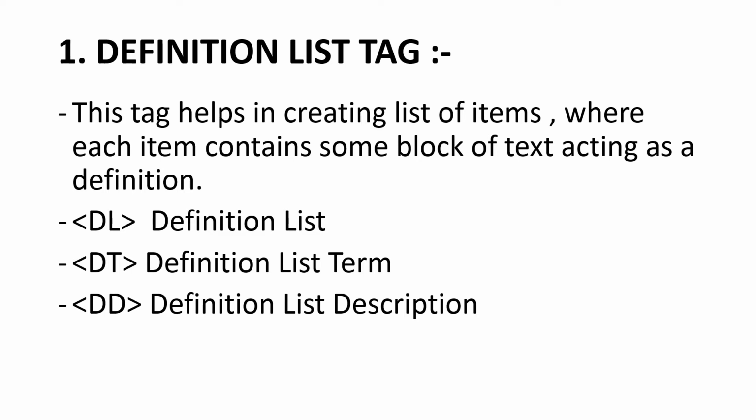Mainly, first is DL tag, that is definition list tag. Then DT tag, definition list term tag, and DD tag, definition list description tag. So these three tags are used to add the definition to a certain content, to a certain word, to add description to a certain word. Fine. Now we will see practically how we will use these definition list tags.